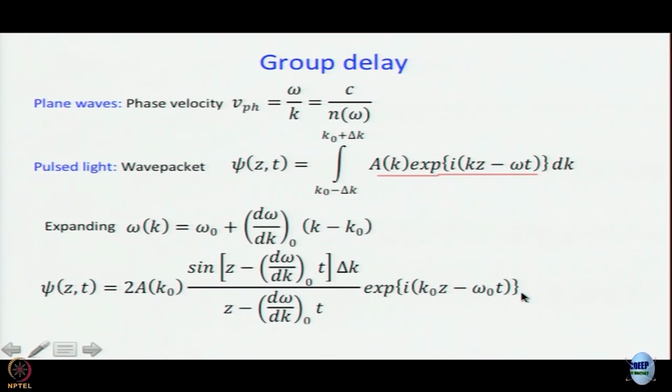That is quite simple, is not it? That is the same expression you have here. Instead of k you have written k 0, instead of omega you have written omega 0. So, that is the expression for the plane wave at the center of the distribution, all right. I am talking about this one.